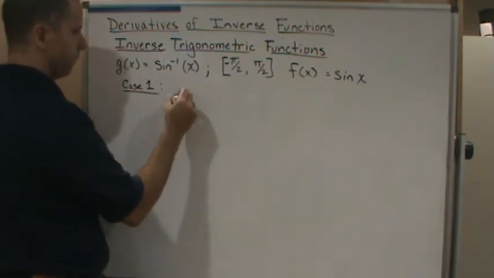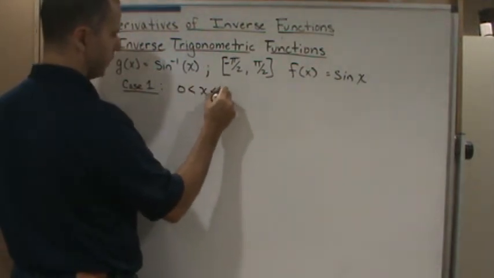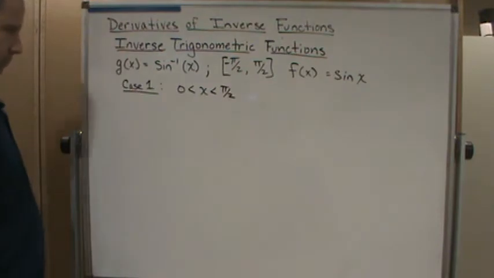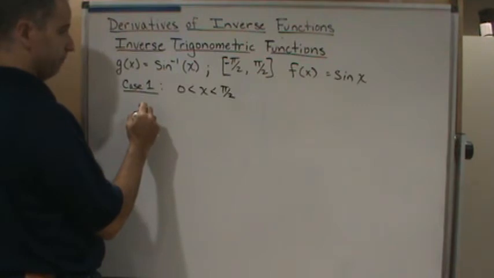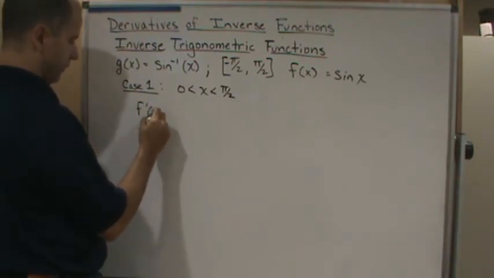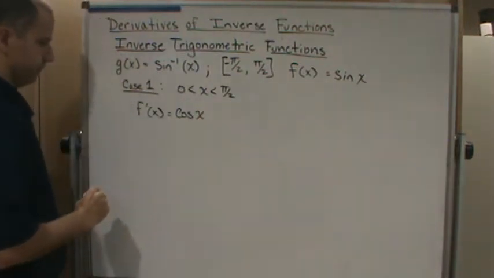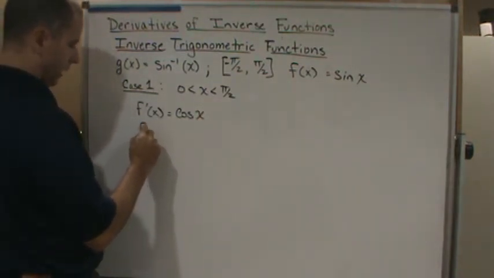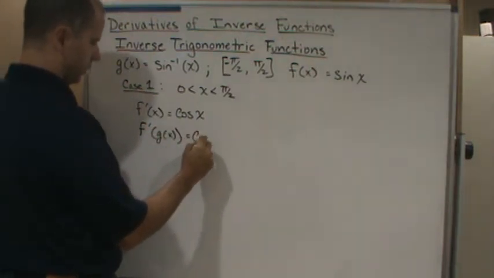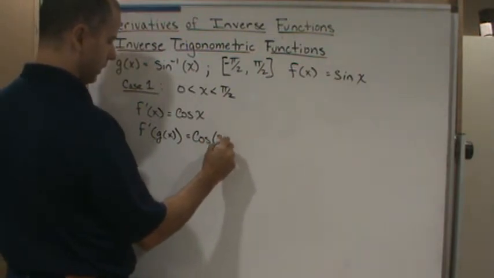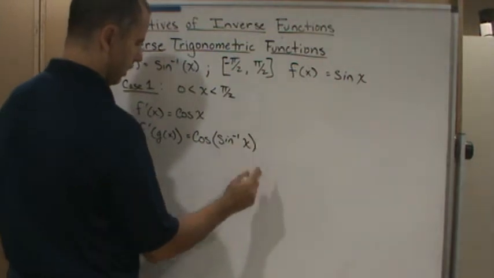Let's consider from 0 to pi over 2. Then f inverse of x is cosine x, so f inverse of g of x equals cosine of sine inverse of x.